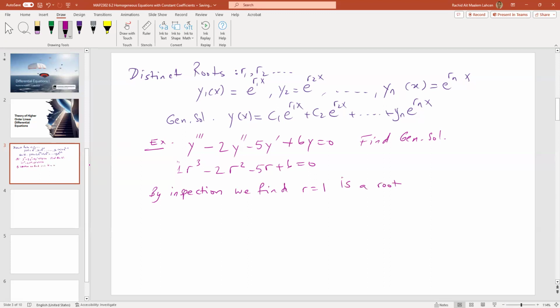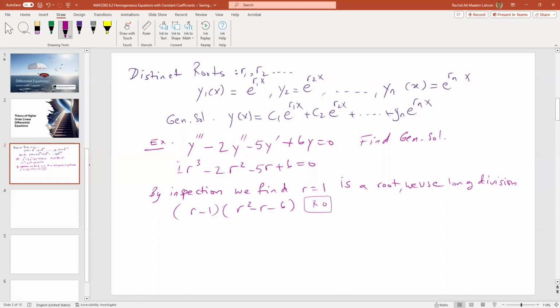And once you find the first one as a root, then you can now divide. You can use long division or even synthetic division to find the quotient, because r minus 1 is going to be a factor. So if you do long division, you're going to find the quotient to be r squared minus r minus 6, and the remainder, of course, to be 0, because r minus 1 is a factor.